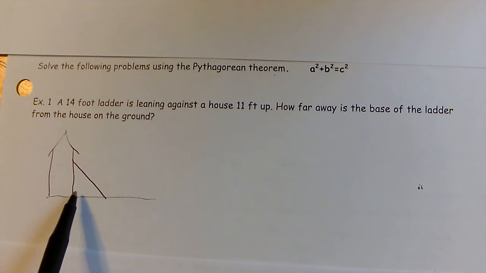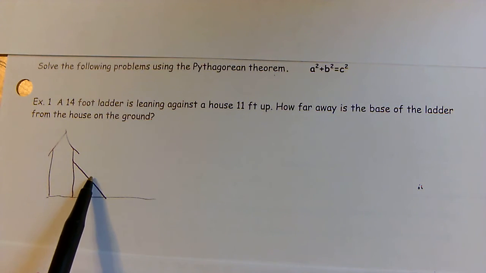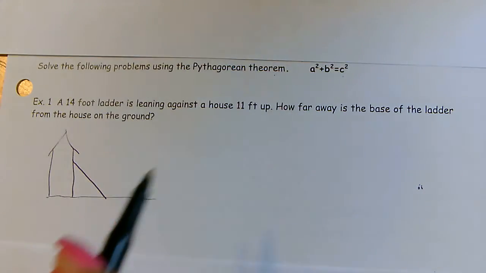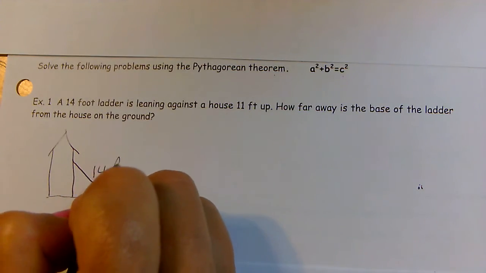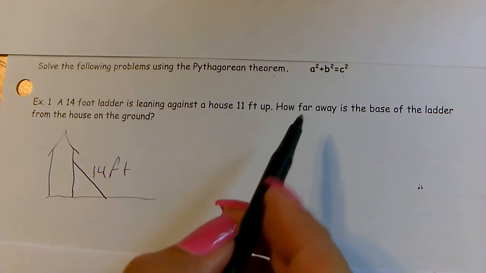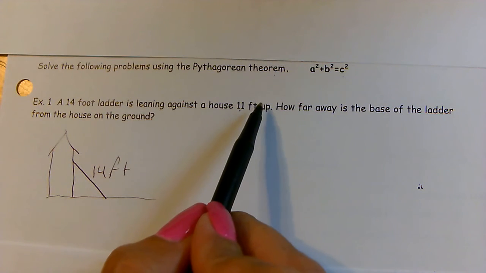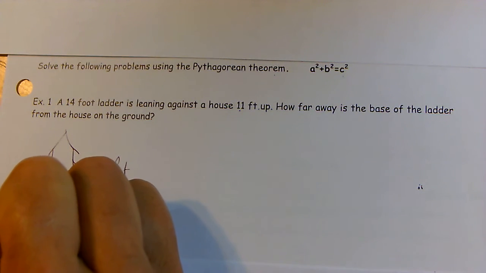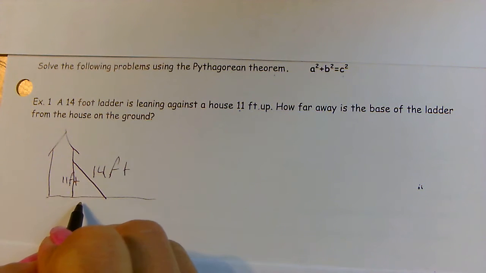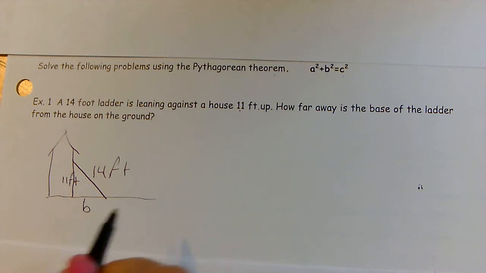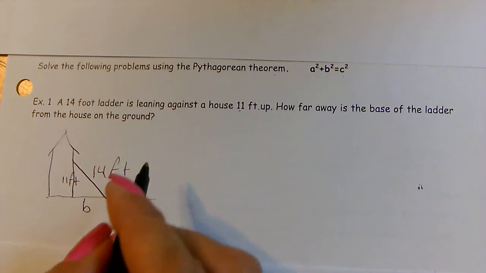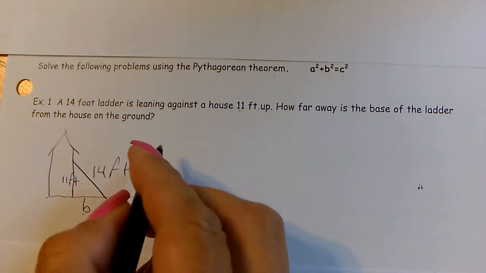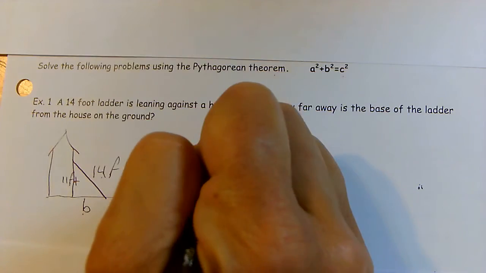That's going to be the hypotenuse because it's across from the 90-degree angle, which is C. It's 11 feet up the house, and we don't have either A or B, it doesn't matter. And that's what we're going to be solving for, so make sure the C is on one side by itself.